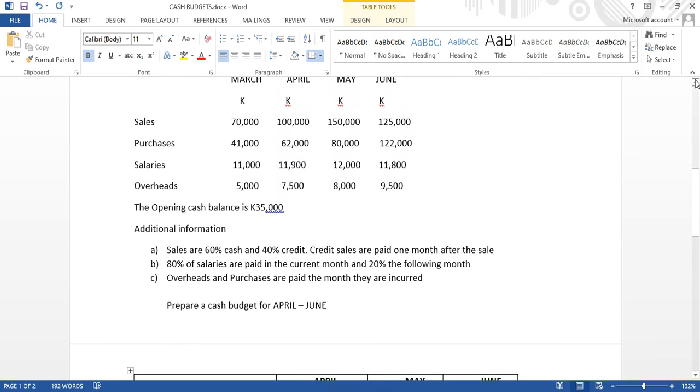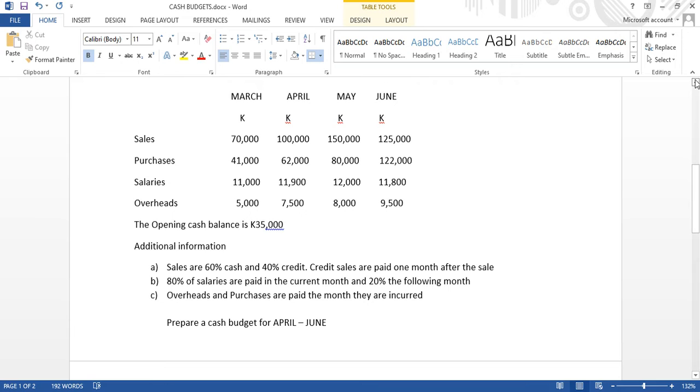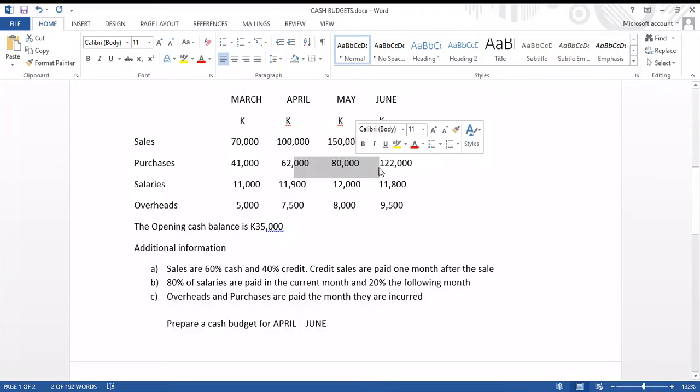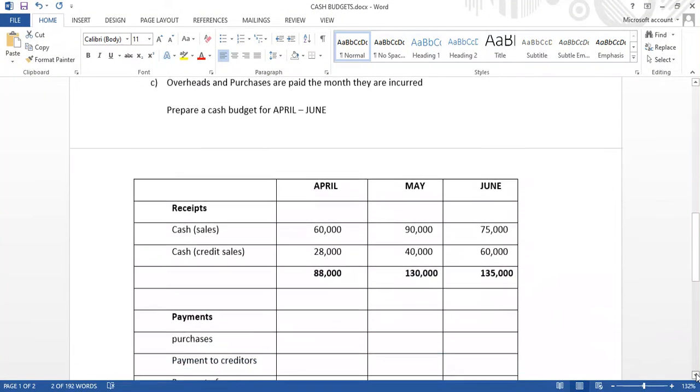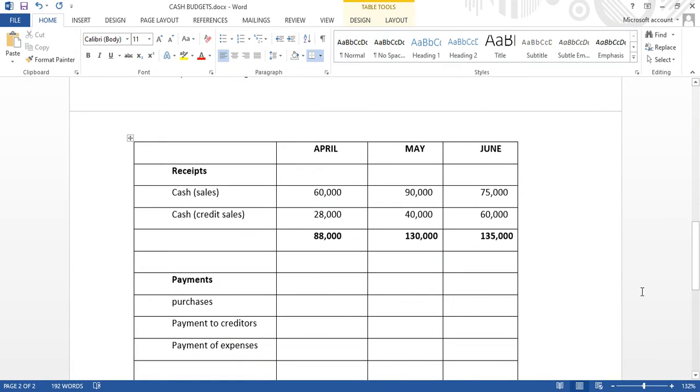Now we can go to our payments. Our payments. So overheads and purchases are paid the month they are incurred. So purchases for April 62,000, purchases for May 80,000, purchases for June 122,000. No calculations involved for purchases.